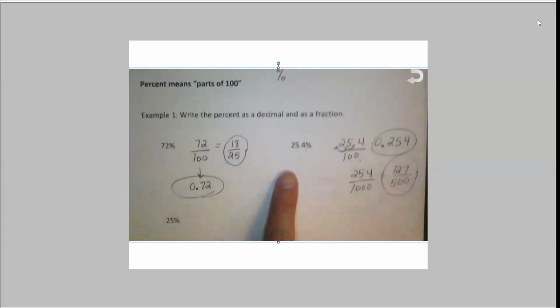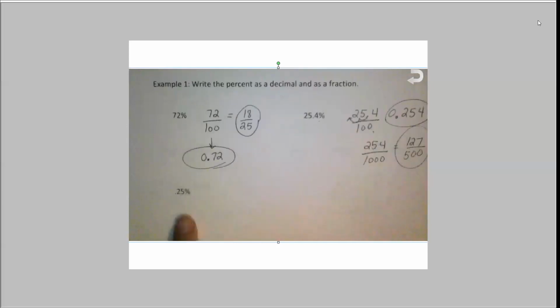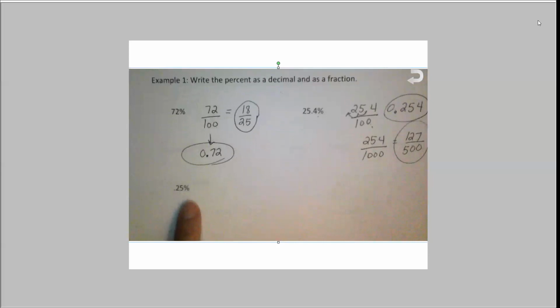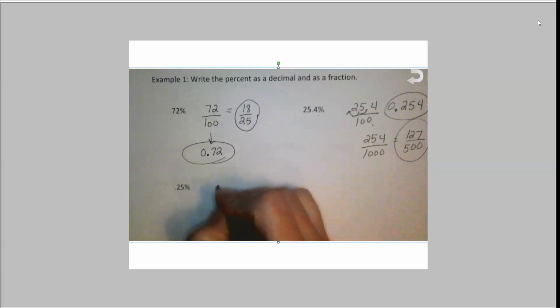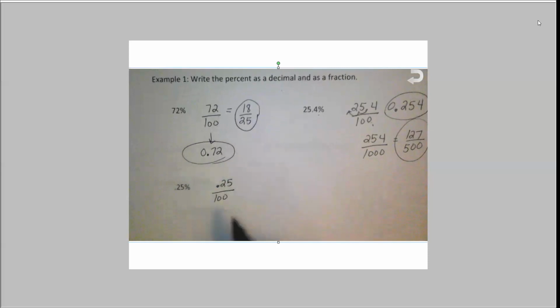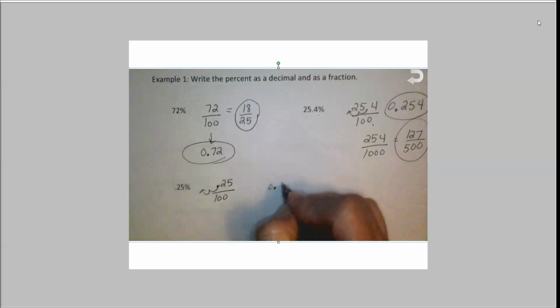So I'm going to try this method again for this next problem. This is 0.25%. My decimal is not equivalent to 0.25, but what I have to do is drop the percent and divide that by 100. And mentally dividing by 100 shifts that decimal 2 spots to the left. So that would be the same as 0.0025.